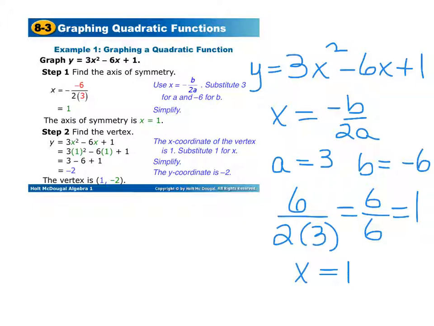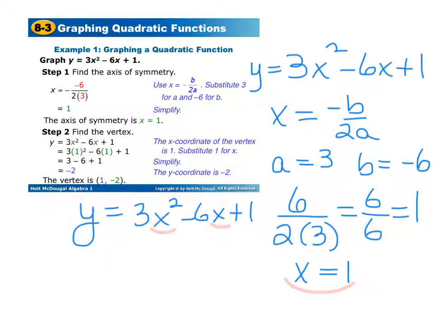I now need to find the y to my vertex. I take the original equation, take out the letter x's, and put in x equals 1.